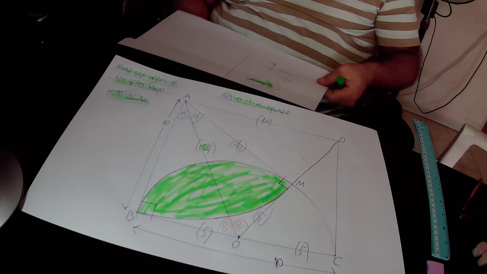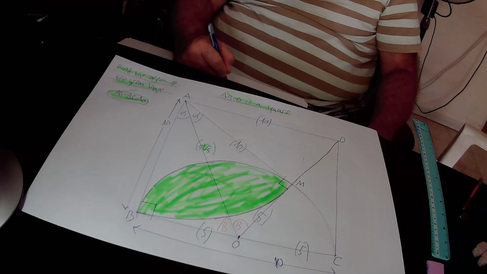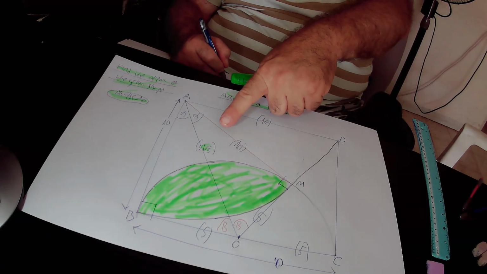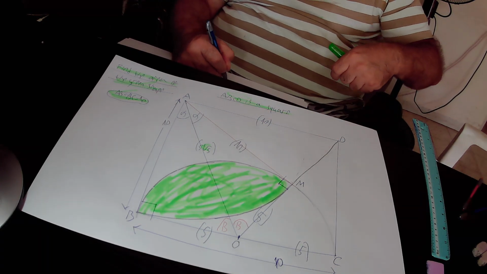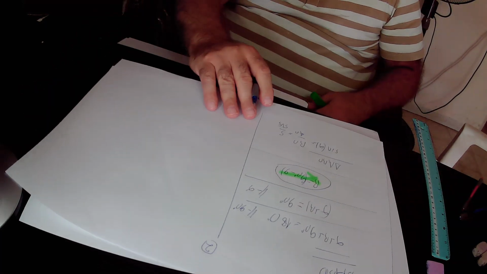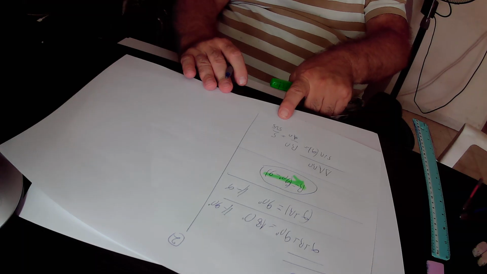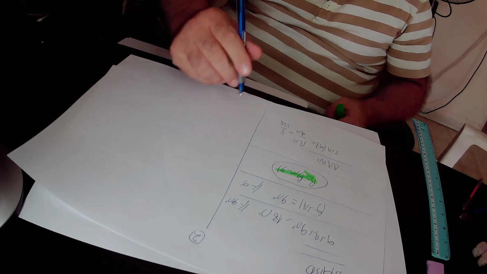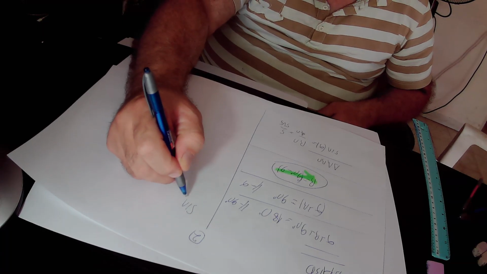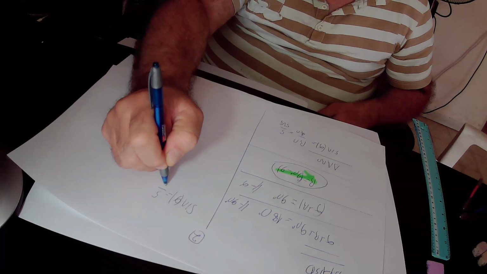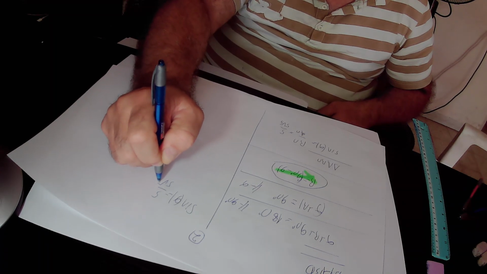BO is 5 over AO. The hypotenuse AO equals 5 times square root of 5 units in length. So in total, we have found out that sine alpha equals 5 over 5 times square root of 5.